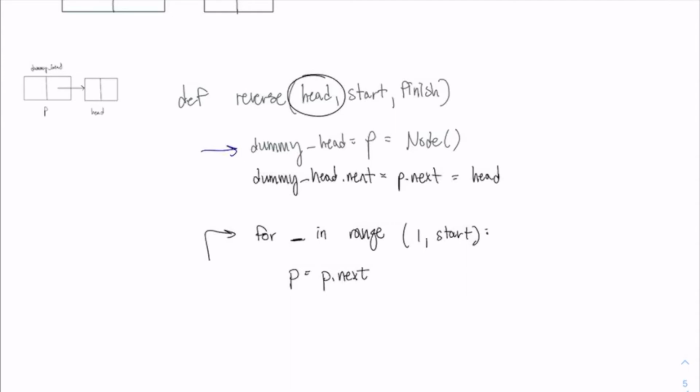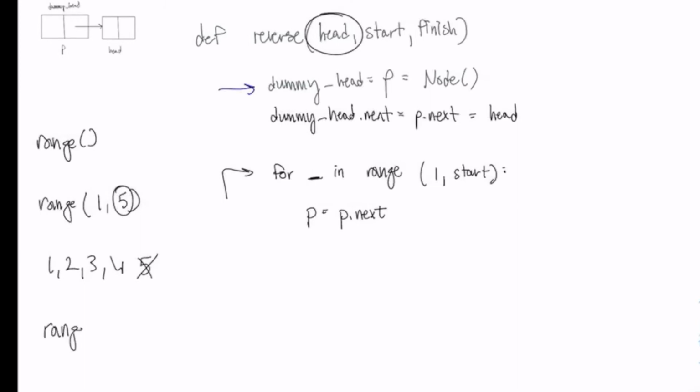Secondly, we have to understand that range is a built-in Python function, and if there are two values that range is looking at, say 1 to 5, range will include 1 up to the number before the second value. In other words, the second value is excluded. So range 1 to 5 will output 1, 2, 3, and 4, and 5 is not there. Similarly, range 3 to 6 will output 3, 4, and 5.